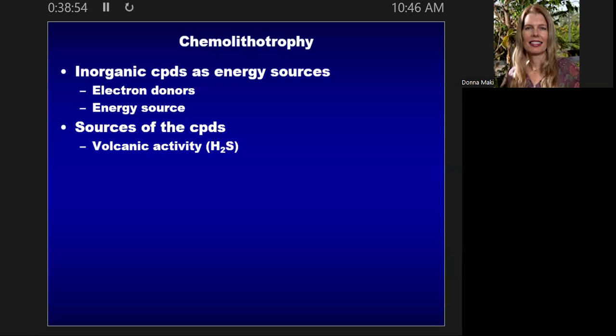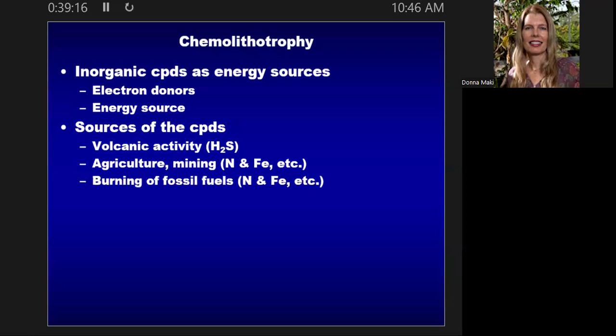Believe it or not, if they want to use hydrogen sulfide, one volcanic eruption provides a lot of hydrogen sulfide that will then get dispersed globally. Lots of inorganics are found in agricultural fields with the inorganic fertilizers that get put onto the soil. Mining processes, there's all kinds of options there.